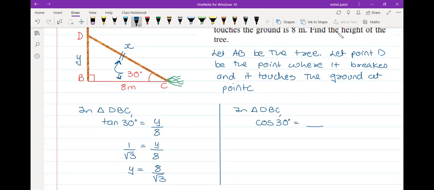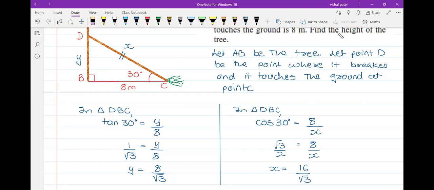Cos 30 is what? Base upon hypotenuse. Value of cos 30, students, make sure that you learn the table, root 3 upon 2. If I cross multiply, I get answer as 16 upon root 3. Okay, so if you see the screen, students, I got the value of x and y.